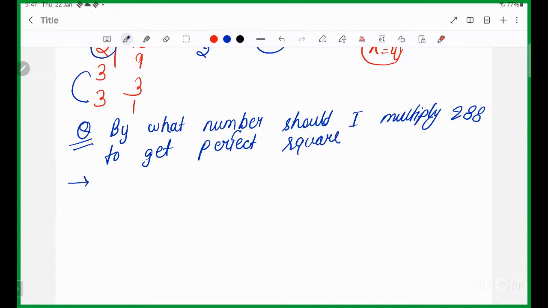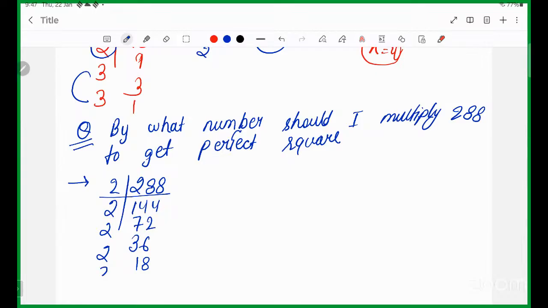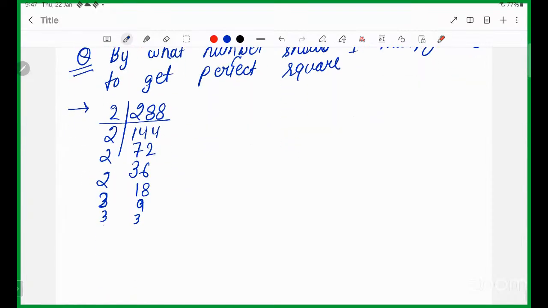Okay. So here, just take out the factors of 288: 144, 72, 36, 18, 9, 3, 1. So pair. I am not getting the pair of 2, so multiply it by 2.